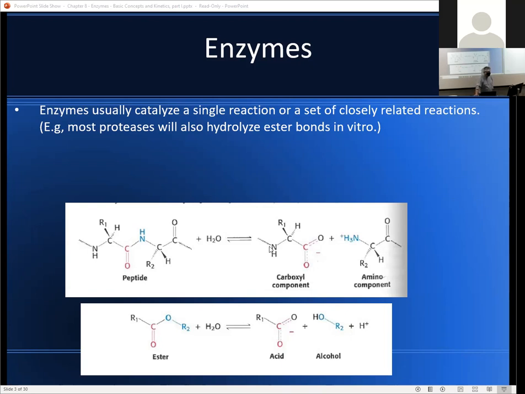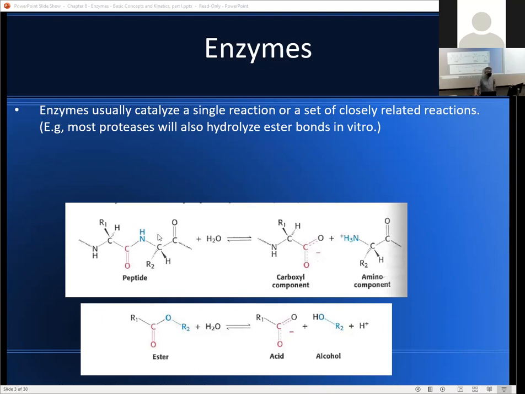So here's an example. We have a peptide. Proteases will hydrolyze peptide bonds. So we have a peptide plus water, and it's going to cleave the protein in two. So we're going to get two halves of the protein over here.